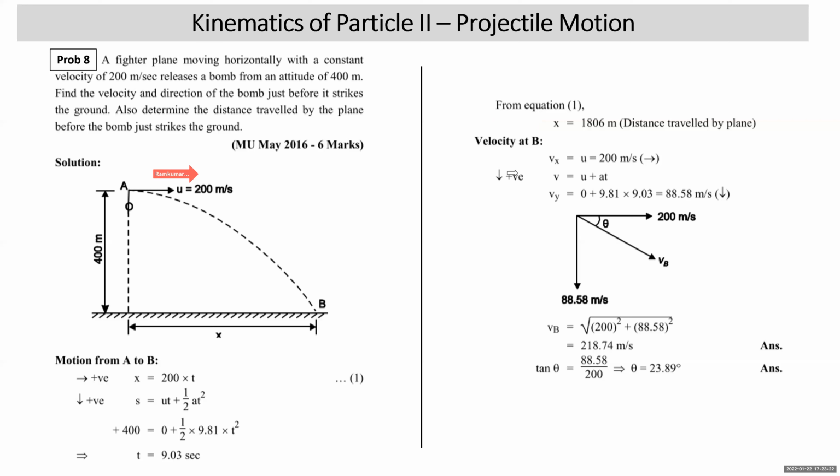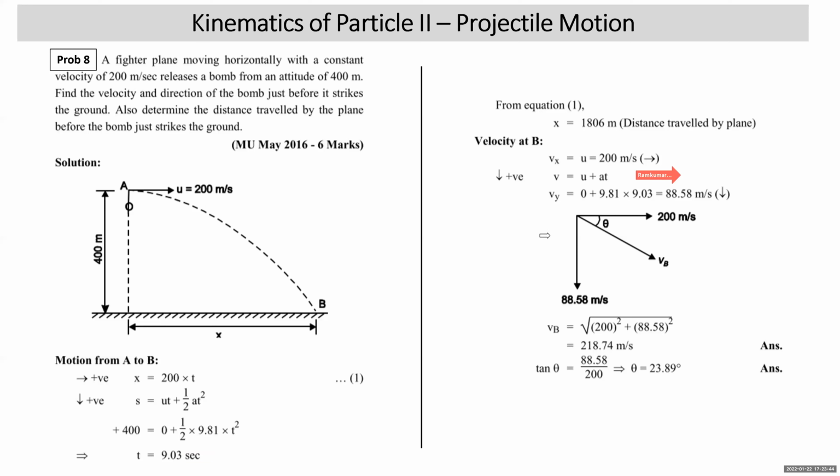Here we have used v is equal to u plus at, because time is already with us. V stands for vy, the vertical component of velocity. U is the initial vertical component of velocity at A, which is 0. Acceleration is plus 9.81 into time. Time is 9.03. You get 88.58 meters per second.